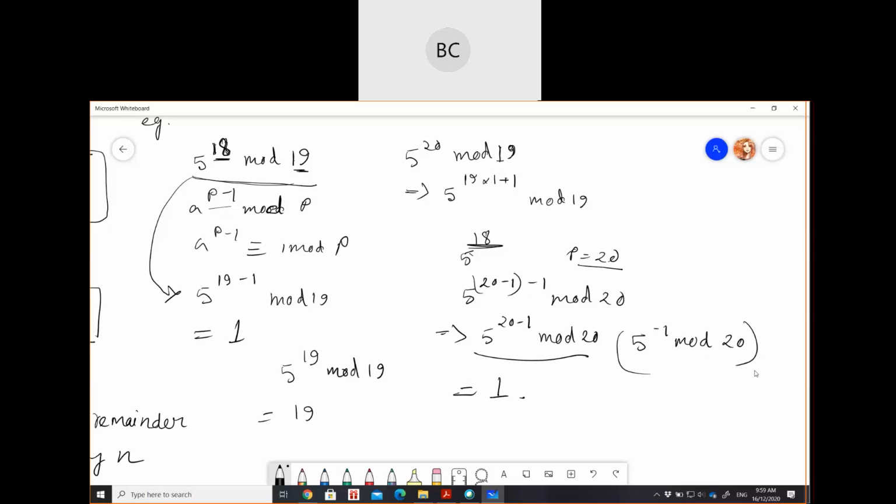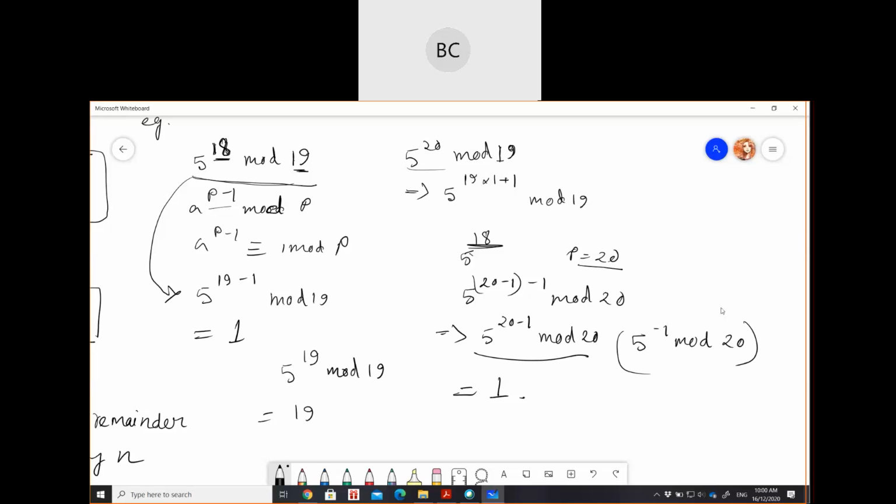It can be anything. If you can somehow put it in this format, the answer will be 1.